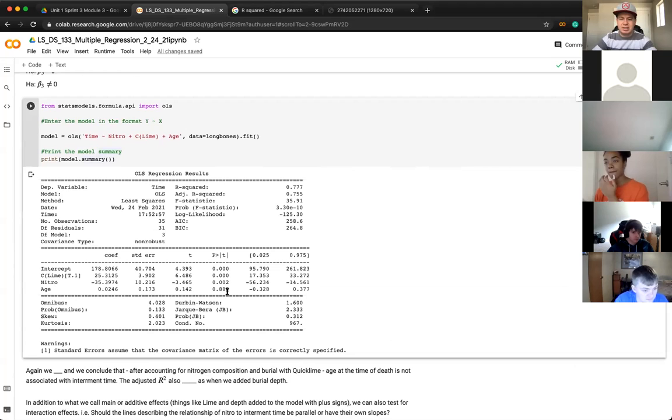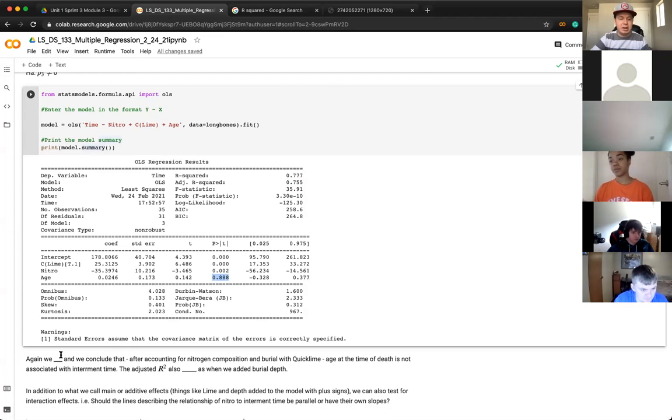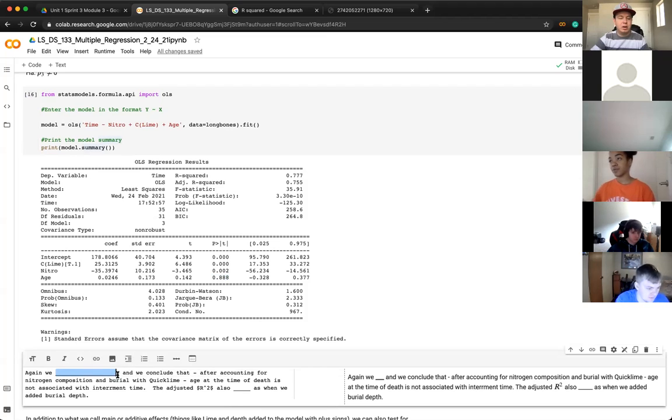Age. Same thing. Not really making an improvement here. Our adjusted R squared went down yet again, and our p-value is high. Again, we fail to reject the null hypothesis.